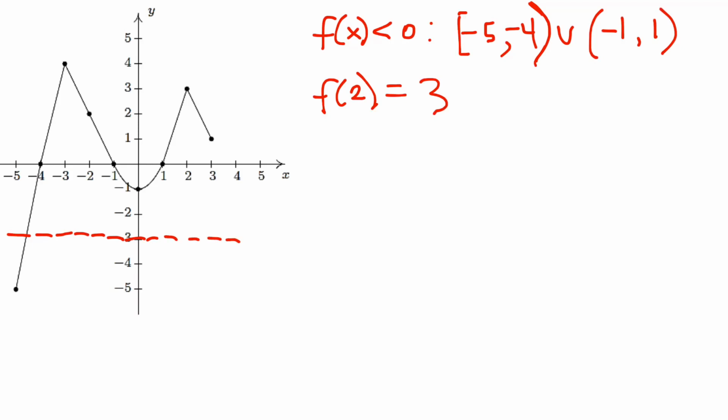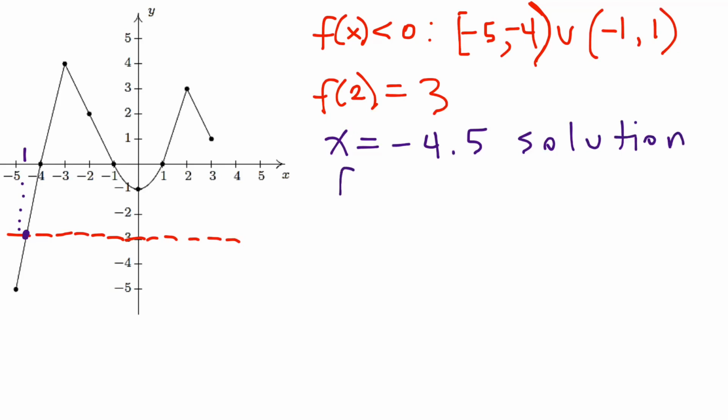Okay, and we can see that it intersects our graph right here. And that looks to be about -4.5. So x is equal to -4.5 is the solution for f of x is equal to -3.